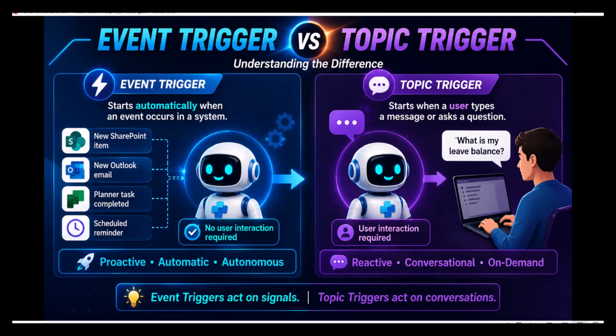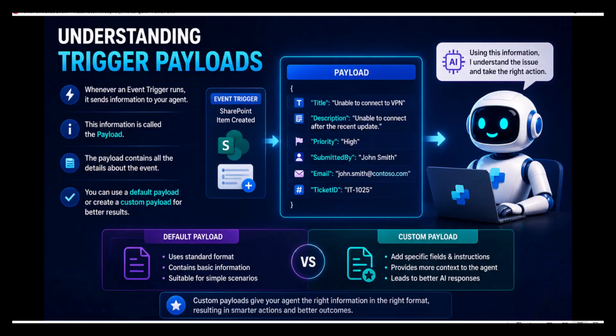It starts automatically when something happens in another system. For example, a new SharePoint item, a new Outlook email, a Planner task completed, a scheduled reminder. Topic triggers require user interaction. Event triggers do not.